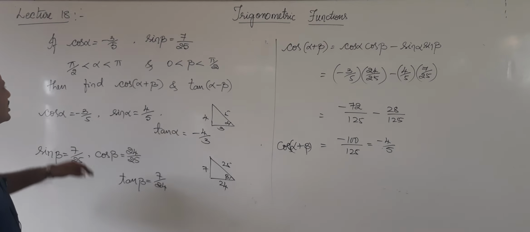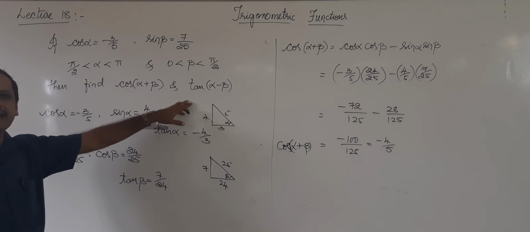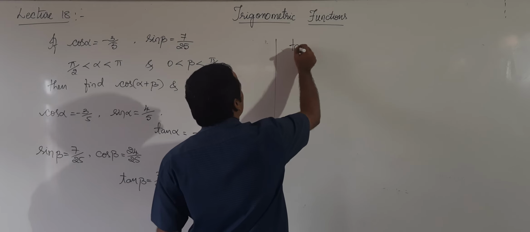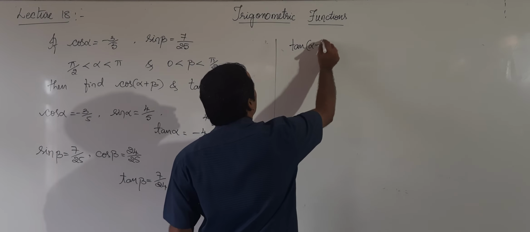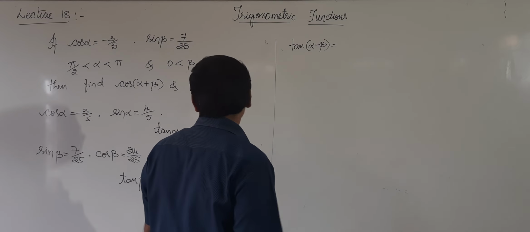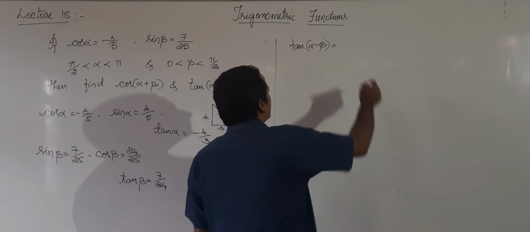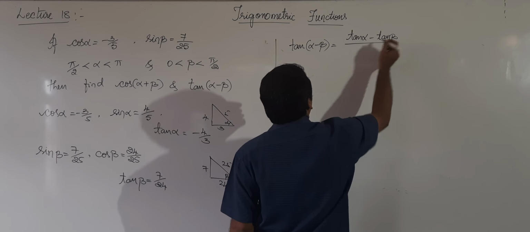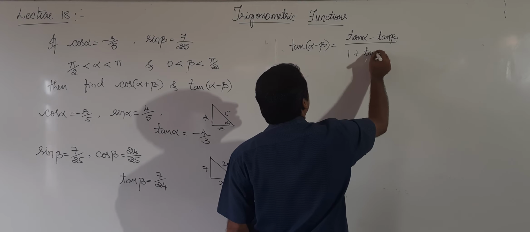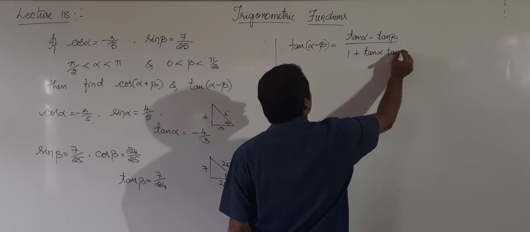Further, we are also asked to find tan alpha minus beta. I will do it here only. Tan alpha minus beta, you know the formula, is equal to tan alpha minus tan beta divided by 1 plus tan alpha into tan beta.